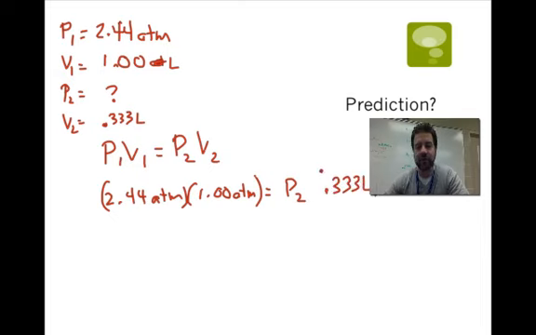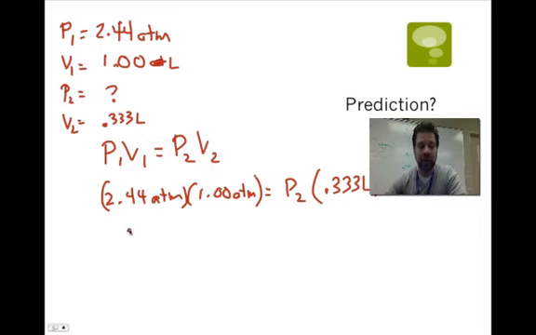Okay, so last year in algebra class you learned how to isolate a variable. In this case we're going to take our 0.333 and we need to get rid of it from the right side. We want P2 to be all by itself. So the way we do this is we divide both sides by 0.333.